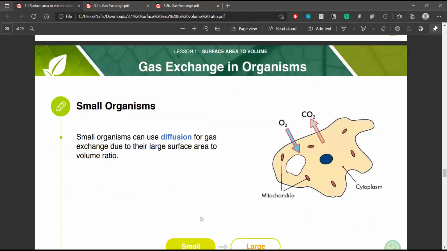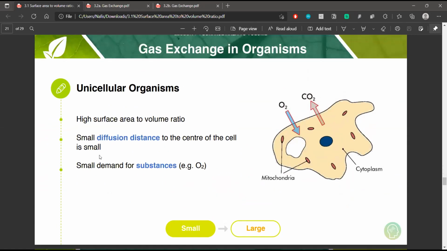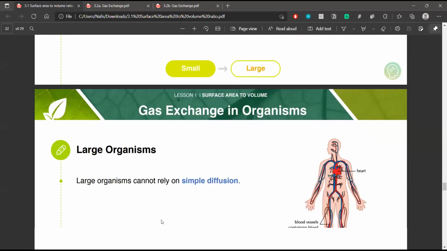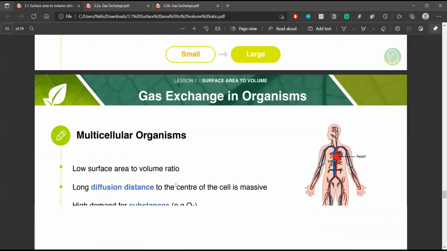Small organisms generally are able to use just diffusion alone to allow for gas exchange due to their large surface area to volume ratio, because of their small diffusion distance, and there's also a relatively small demand for substances. Large organisms, however, cannot rely on simple diffusion.